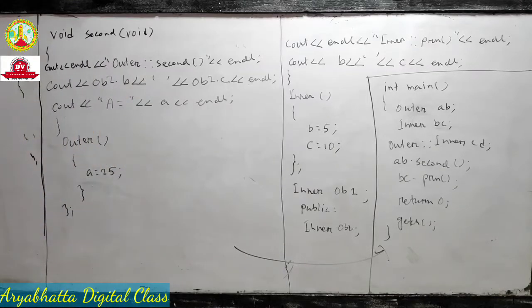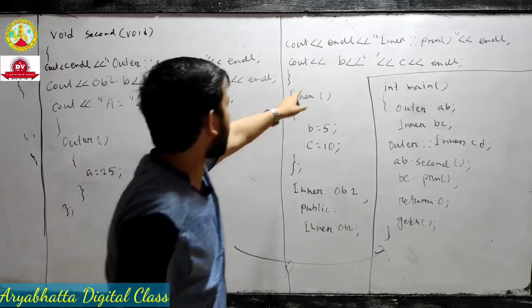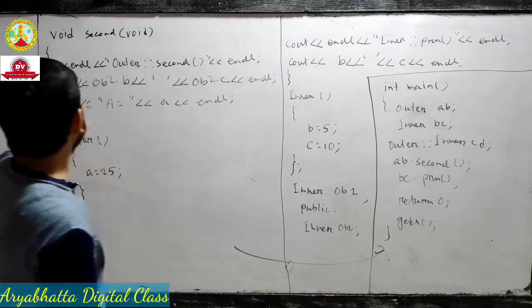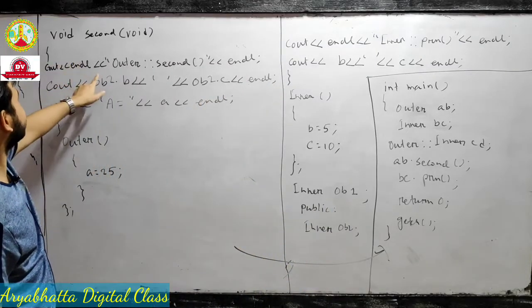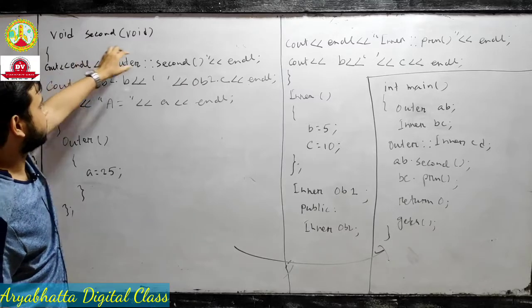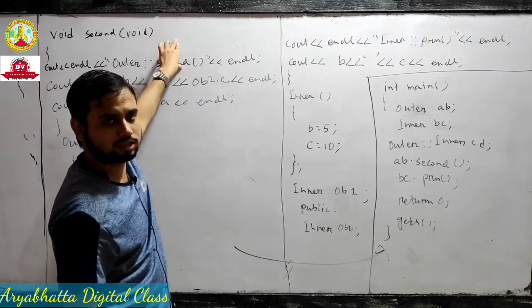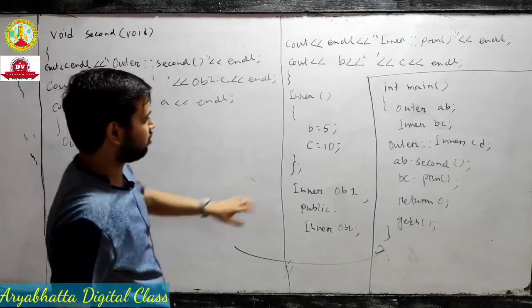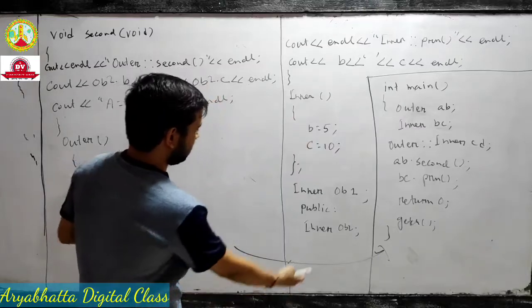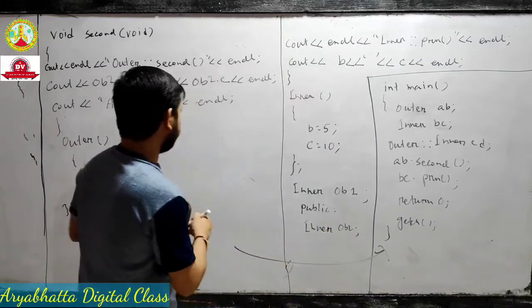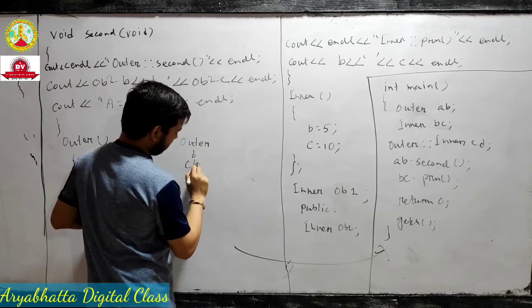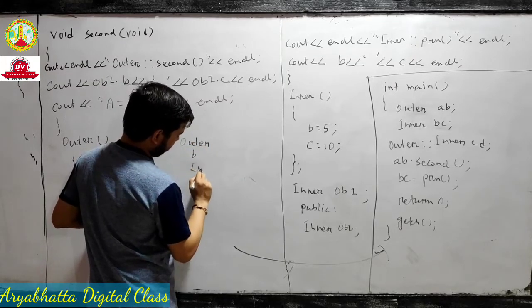See, first of all, you have understood this part. After that, this will be for the second member function, and the second member function is for the outer class, which is the enclosing class, and object 2 is for accessing the value of this data member. First of all, you see there are two classes, right? Outer and inner.